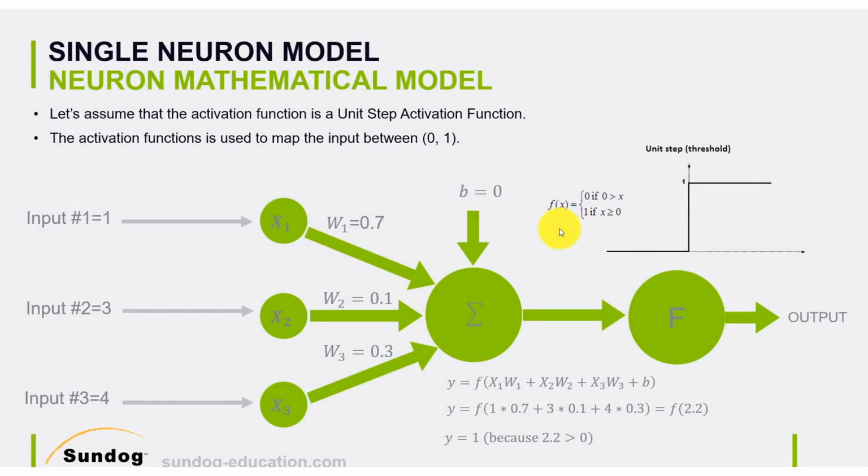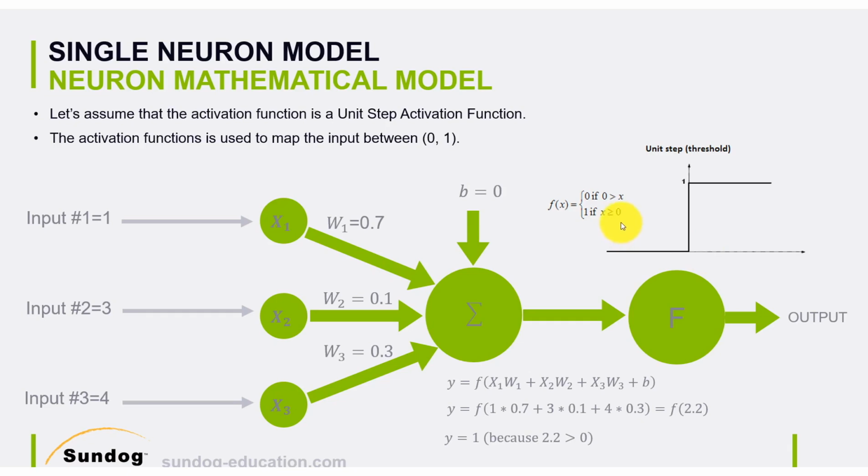What about the activation function? Let's take a look at a practical example that has actual real numbers along with an actual activation function. Let's assume we have an activation function that we call unit step, or threshold, activation function. Simply put, if my input x is smaller than 0, we set the output to 0.